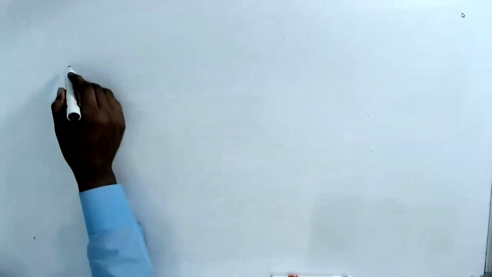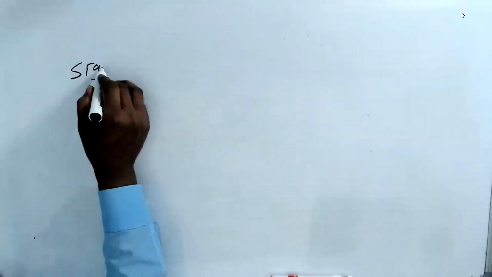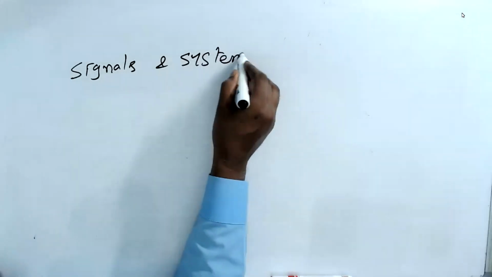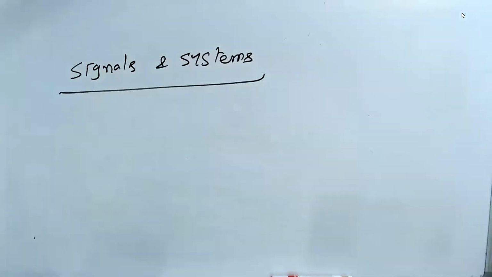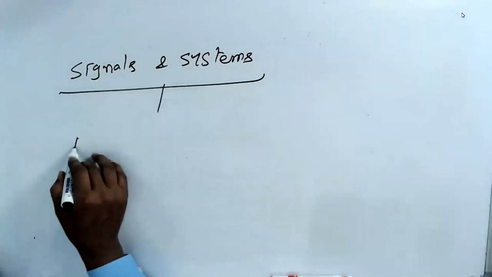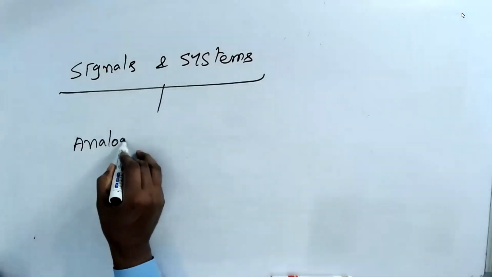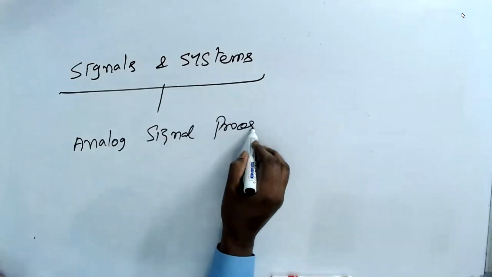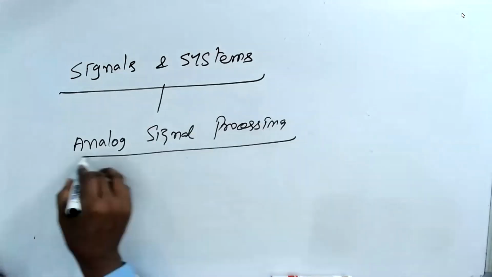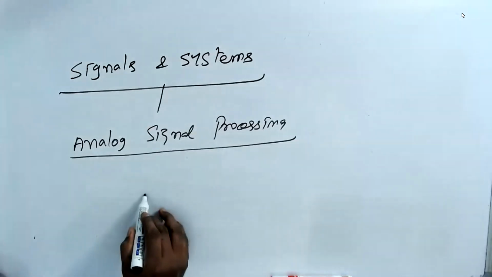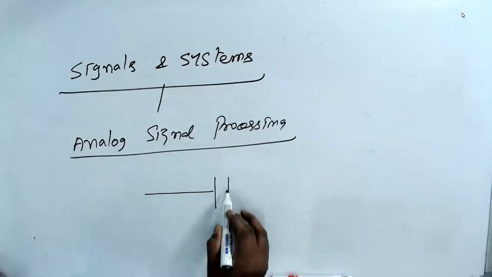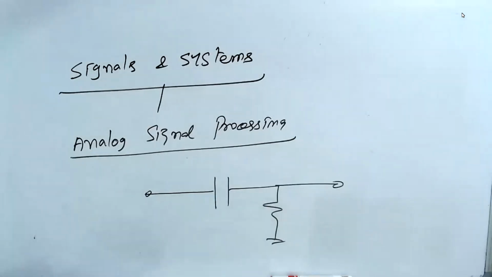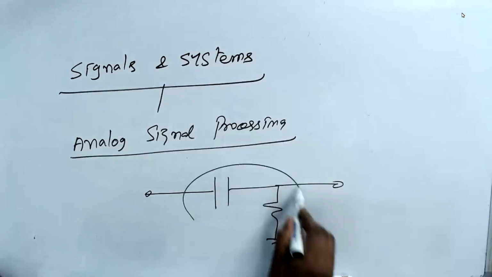In college, you study something called signals and systems. This is actually called analog signal processing. That is, for example, I give a voltage, I put a capacitor and resistor, and I get an output. This is called analog signal processing.